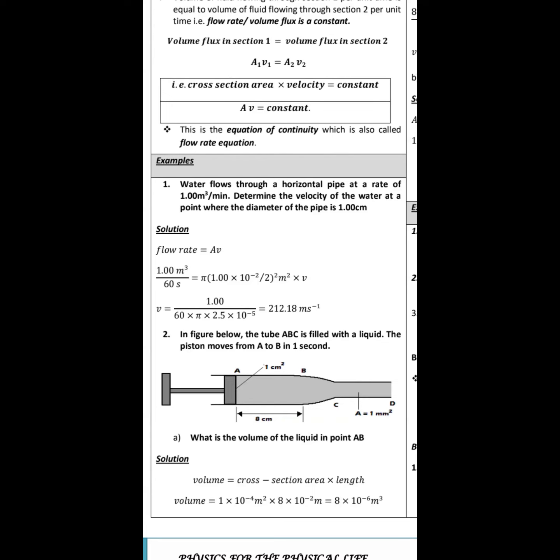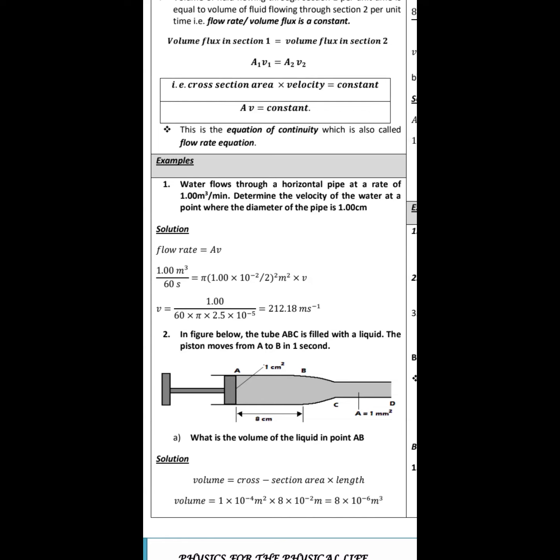The question is not limiting us to give the answer in SI units, but it is good to leave the answer in SI units. So we change this cross-sectional area, 1 centimeter squared, to meter squared. The relationship between meter squared and centimeter squared is 10,000. That is why we multiply 1 by 10 raised to the power negative 4, which is 1 over 10,000.